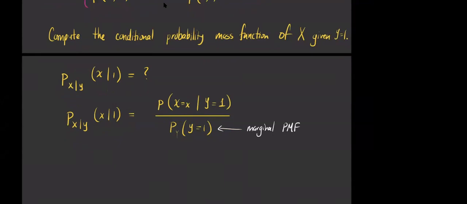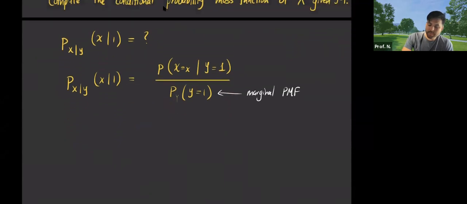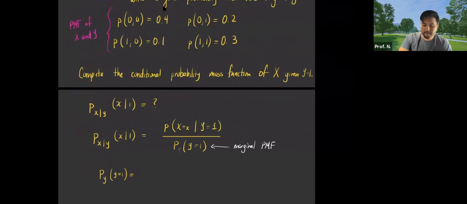So how do you find the marginal PMF with discrete? You can also type it in the chat.